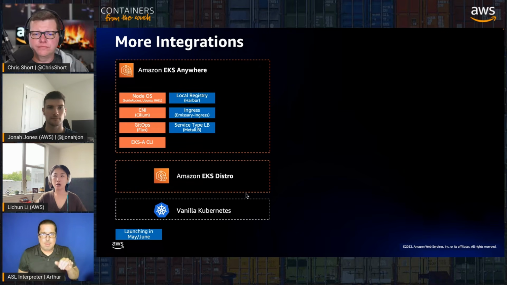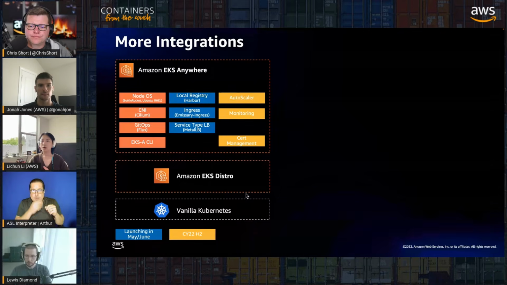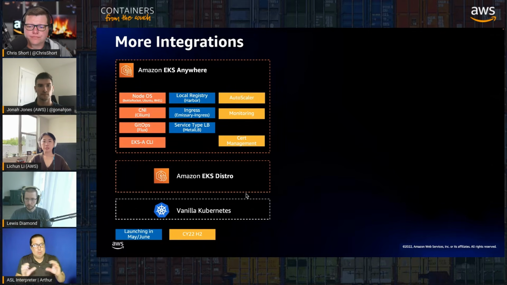Those 3 are the integrations we would be releasing over time in this and next month. And then for the rest of this year, we will also add auto-scaling capability, starting with an auto-scaler package, and we'll then look into monitoring and certificate management. These are a lot of integrations that we're offering for on-premise and even disconnected situations.